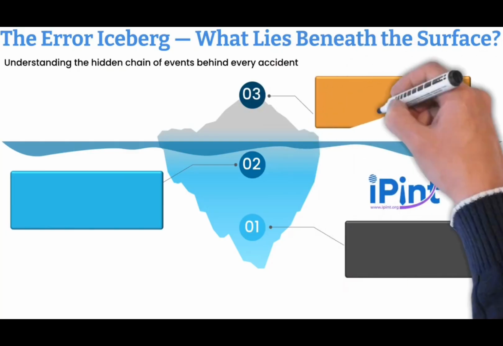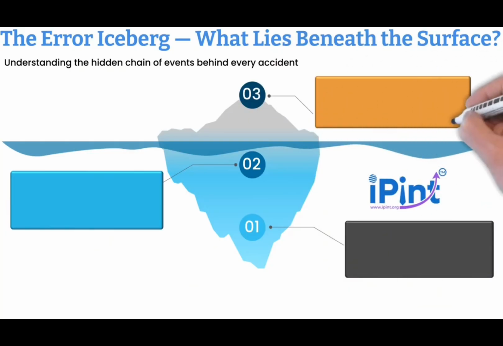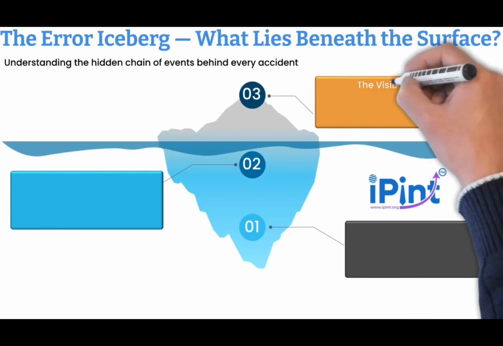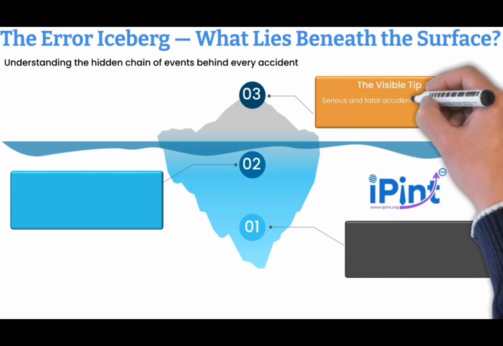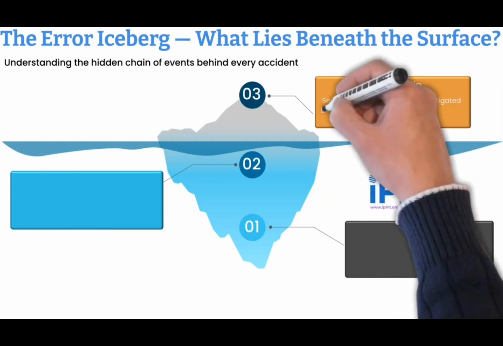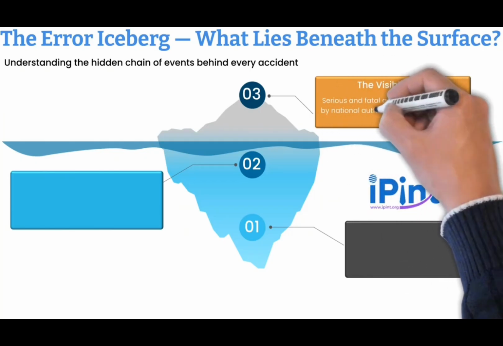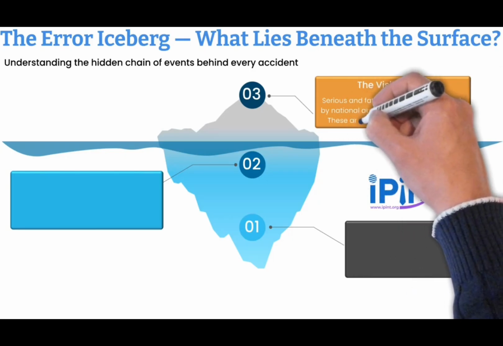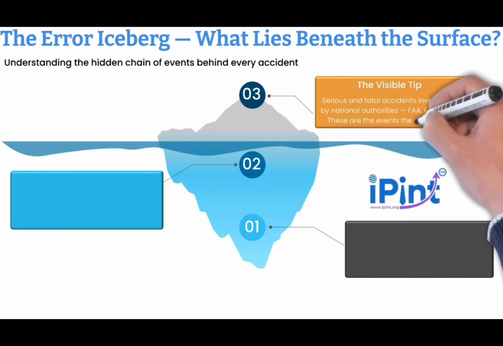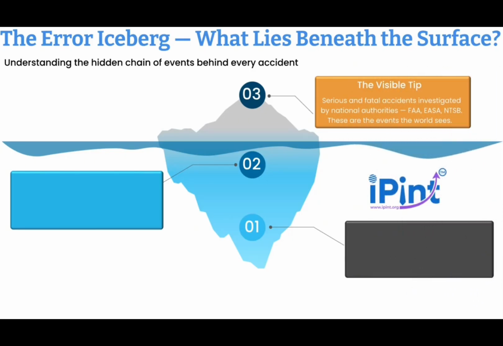At the top, the visible tip, are the serious and fatal accidents that make headlines. These are the events that trigger full investigations by national authorities like the FAA, EASA, and the NTSB. The world sees these. They are documented, analyzed, and reported. But by the time we are here, it is already too late.